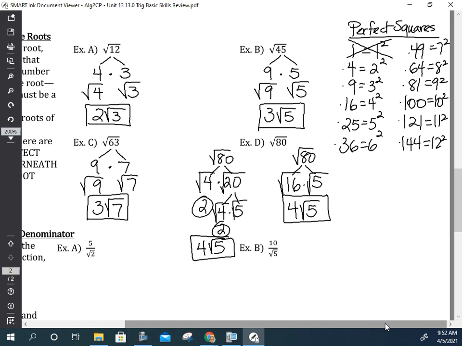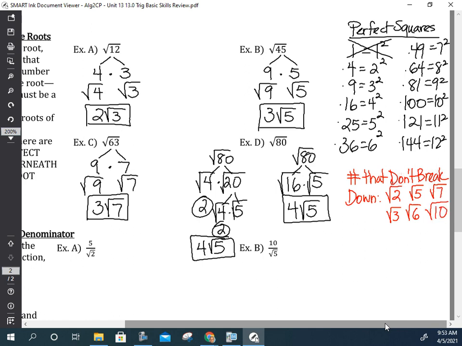All right. So as I mentioned, there were some numbers that don't break down anymore. Some of the numbers that don't break down would be square root of 2, square root of 3, square root of 5, square root of 6, square root of 7, square root of 10.